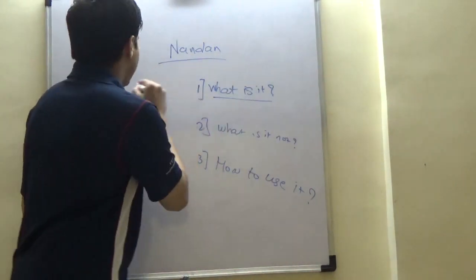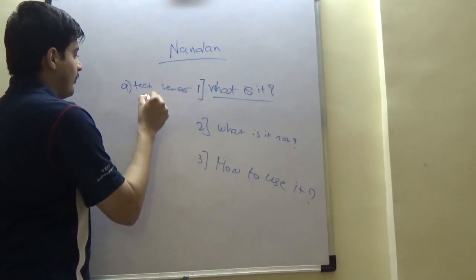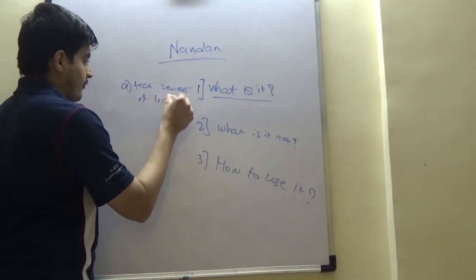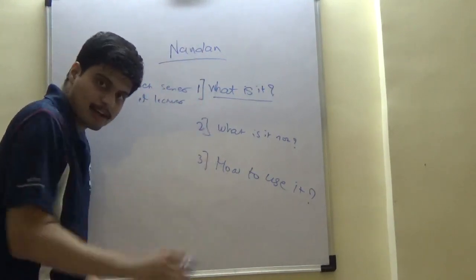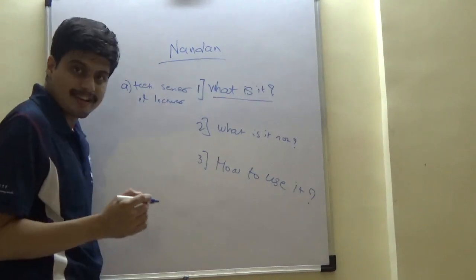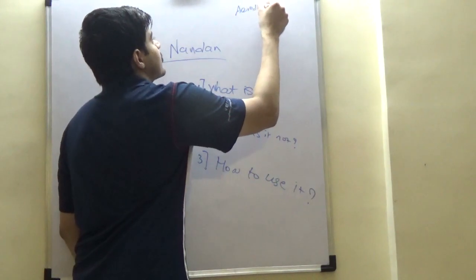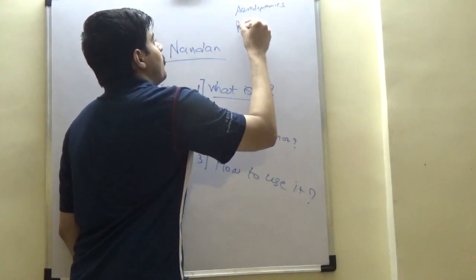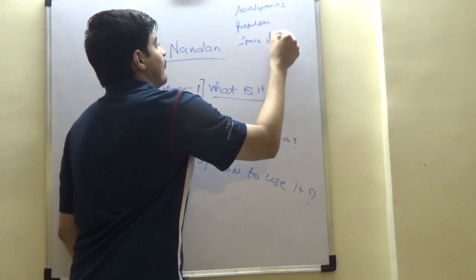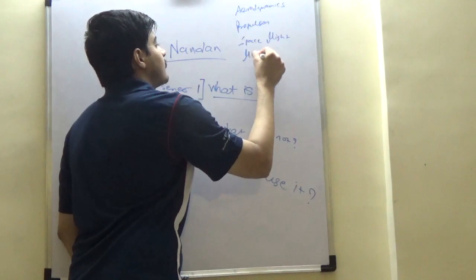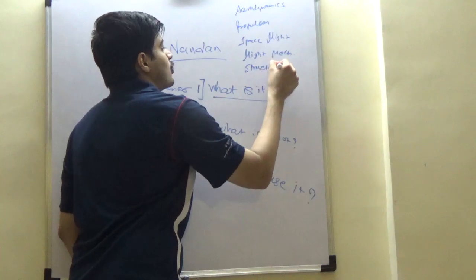It is one technical series of lectures which are very coherently and in a very logically structured fashion arranged as a complete lecture series tree, and it has typically 5 parts: aerodynamics, propulsion, space flight, flight mechanics, and structures.